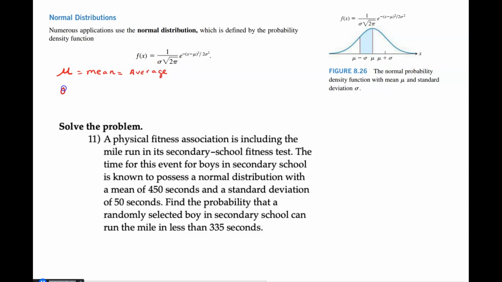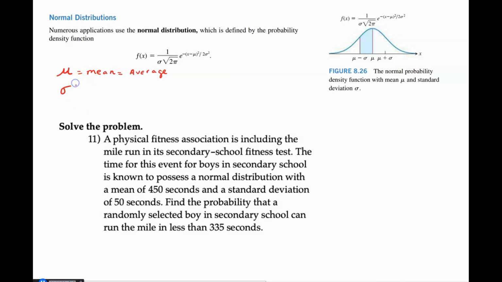Now, let's talk about what the standard deviation is. Well, the standard deviation is a measure of variance, okay? How far away something is from the mean. It is a measure of variance, but variance is what we call sigma squared.